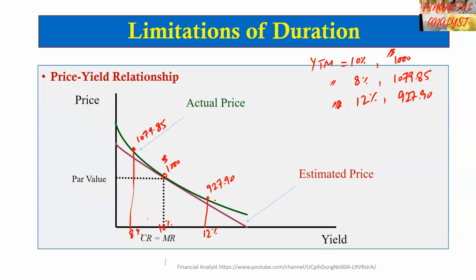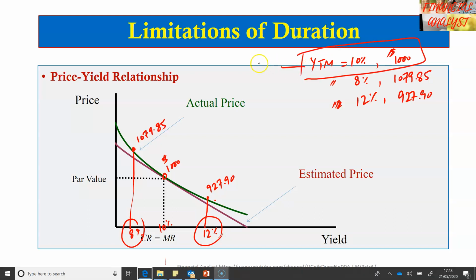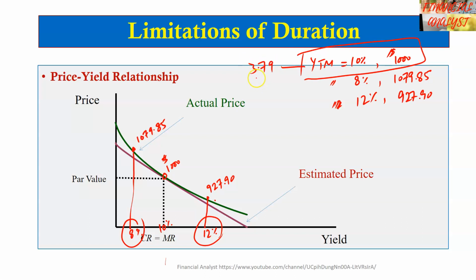If we use duration to estimate the price at 8% and the price at 12%, that is if interest rate changes by 2%, we know that the duration of this bond here is 3.79. And this implies that for a 1% change in interest rate, the bond price will change by 3.79%. This bond is currently selling at par value because the YTM is equal to the coupon rate of 10%.